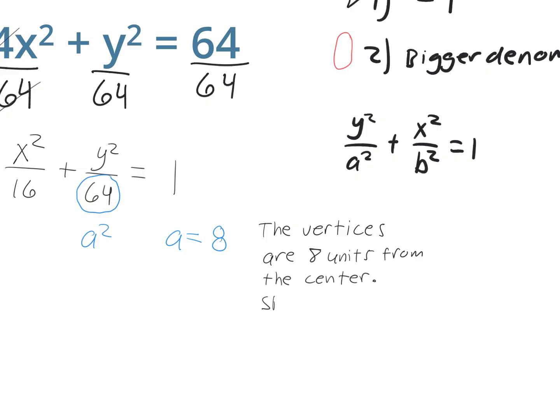And then we can also say, since it's a vertical ellipse, the vertices are up and down.